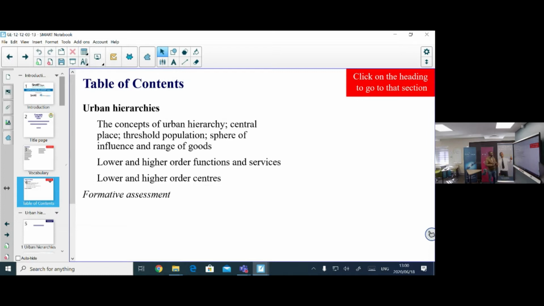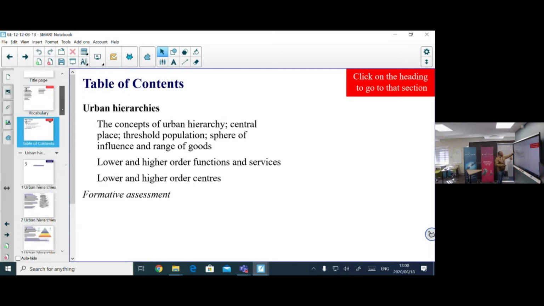So let's just revisit the table of contents that we looked at yesterday. We are looking at the concepts of urban hierarchy, central place, threshold population, sphere of influence and range of goods, lower and higher order functions and services, and lower and higher order centers.